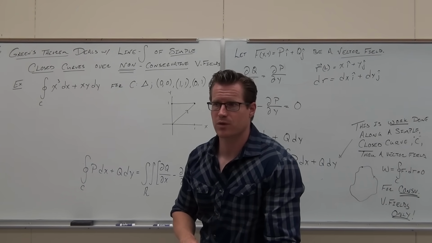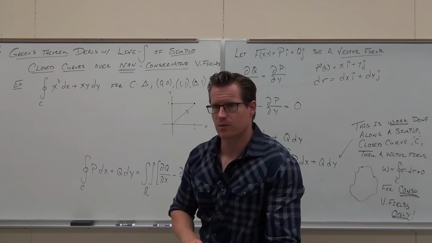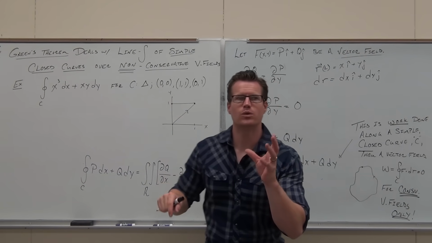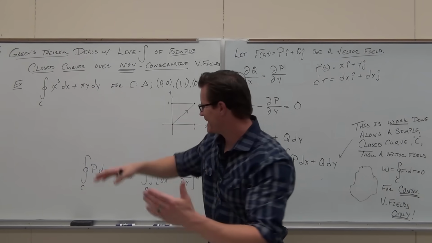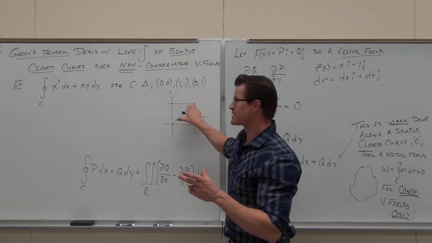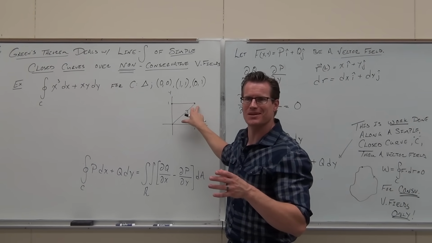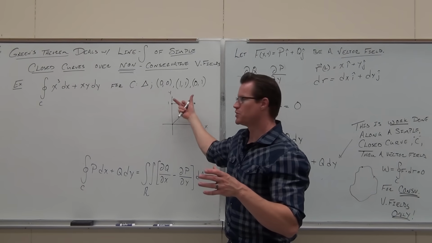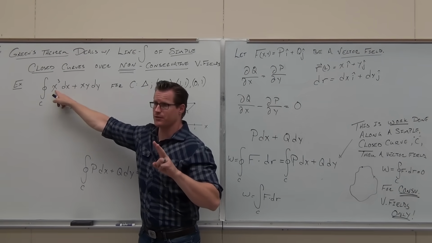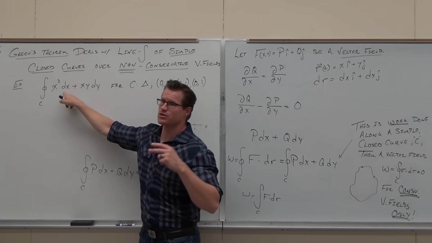That brings me to one point here real quick. Please listen carefully. Let's say that I didn't tell you it was a triangle. Let's say that it was just these two segments right there. If it doesn't contain a region, I can't use this. I fall back to two sections. I'd have to redefine each segment. Remember doing segments? Vector functions of segments, one of them, two of them, two different integrals. You'd have to redefine all that stuff in terms of t, and then dx in terms of t.